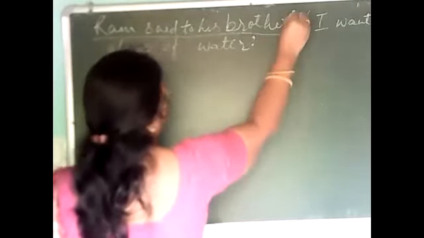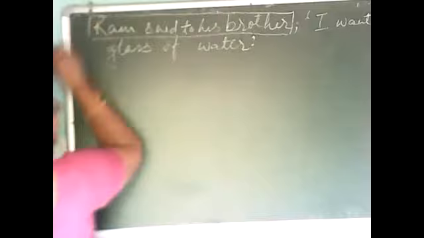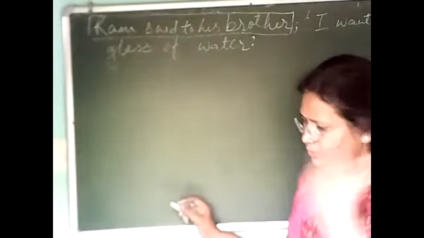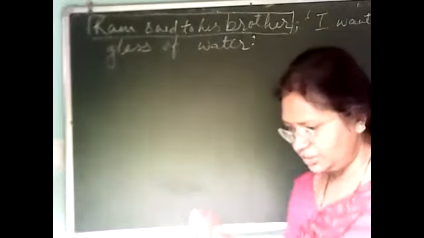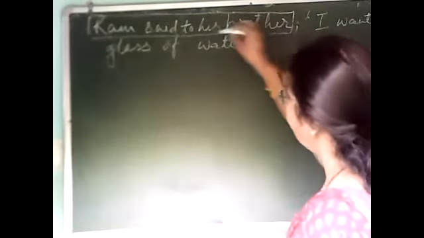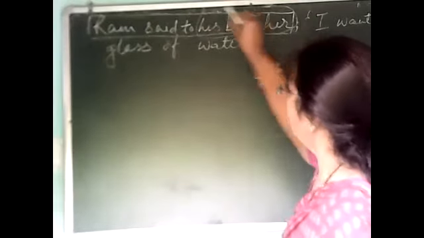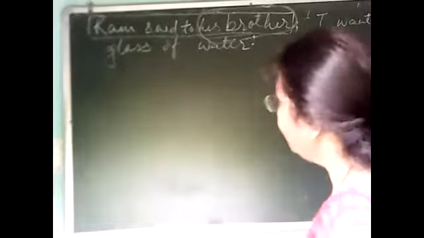Now, Ram said to his brother. There is change in reporting part. Reporting part में थोड़ा change है. What is the change? This change is that object has come. He is the receiver of the action. So when object is there, said changes into told.